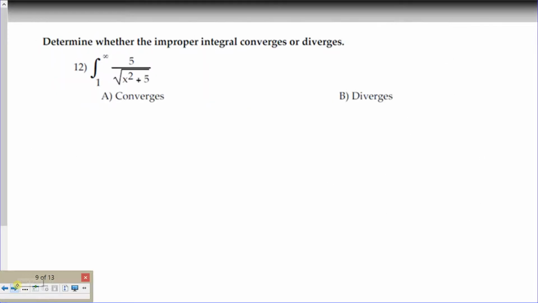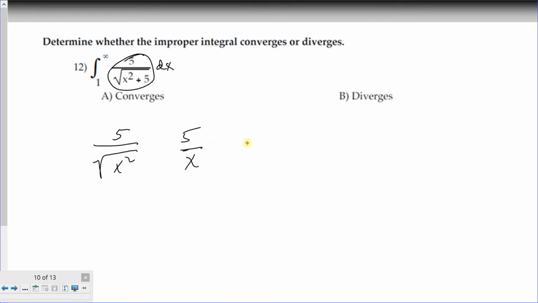Now for the rest of these, we look and determine whether the improper integral converges or diverges. By the way, this should have a dx on it. Notice that as x goes to infinity, what dominates with this is 5 over the square root of x squared, which is 5 over x.